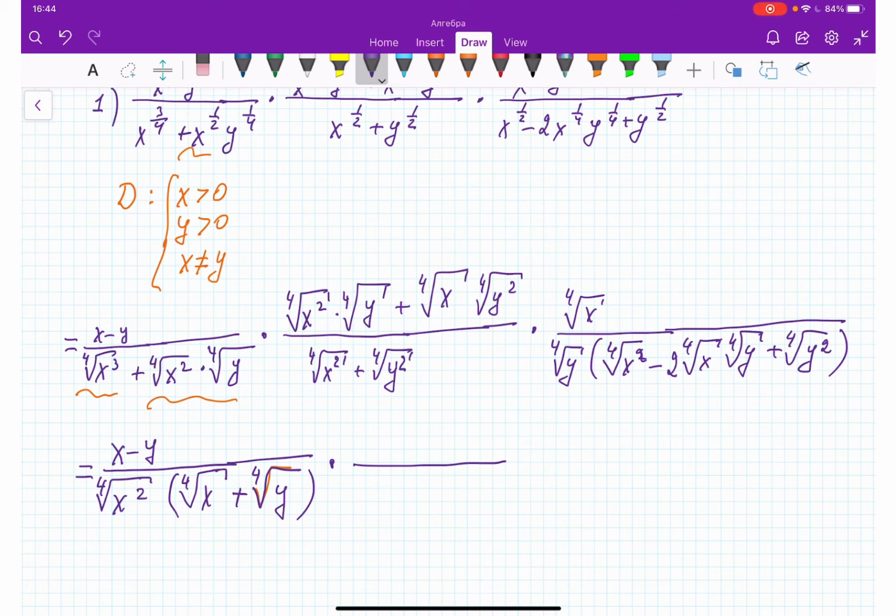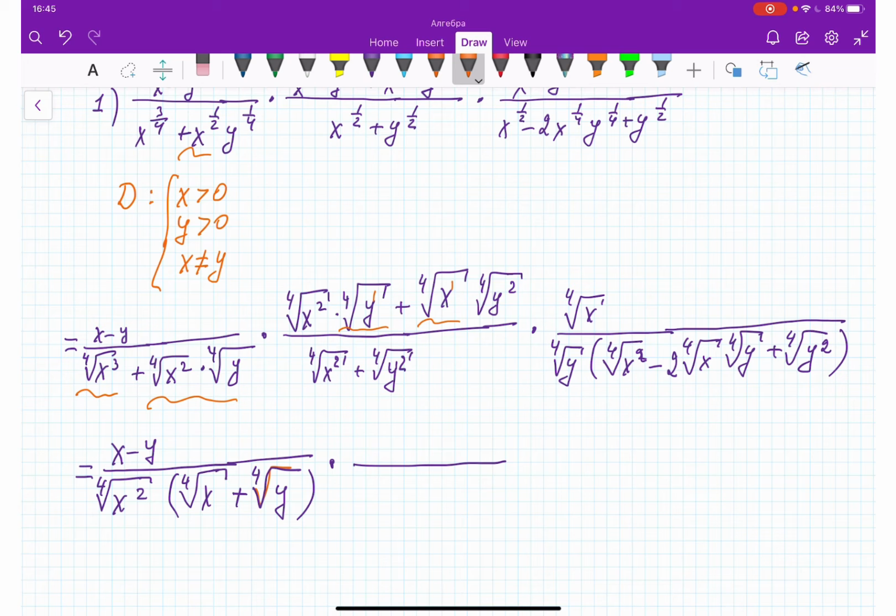What do we have? Here also I'm going to take out radical degree 4 of x and radical degree 4 of y. Why am I taking x and not x squared? Why am I taking y and not y squared? Because I have here degree 1, so I can't take square.